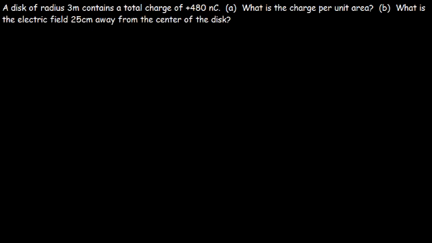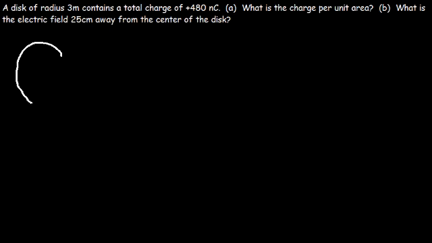So now let's apply this information in a problem. A disk of radius 3 meters contains a total charge of 480 nanocoulombs. What is the charge per unit area? So let's draw a picture first.